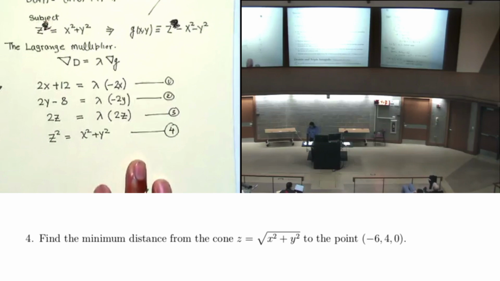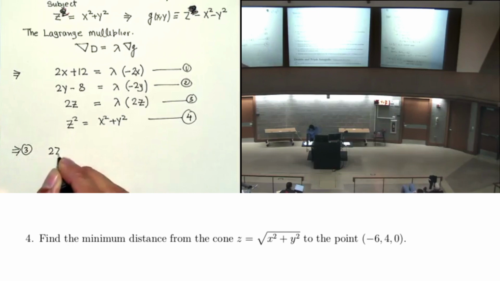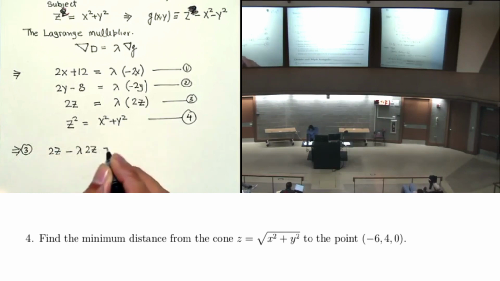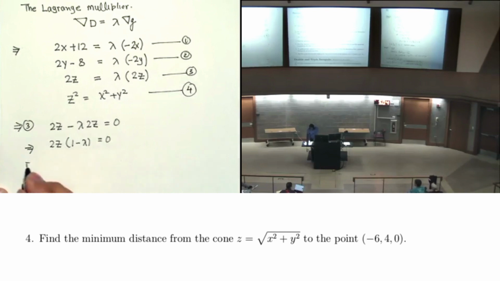In this system, look at equation number 3. Equation number 3 implies 2z minus lambda times 2z is equal to 0. I move it to the other side, pull out the 2z, and I get 2z times (1 minus lambda) is equal to 0. And here what I get: z is equal to 0 or lambda is equal to 1.